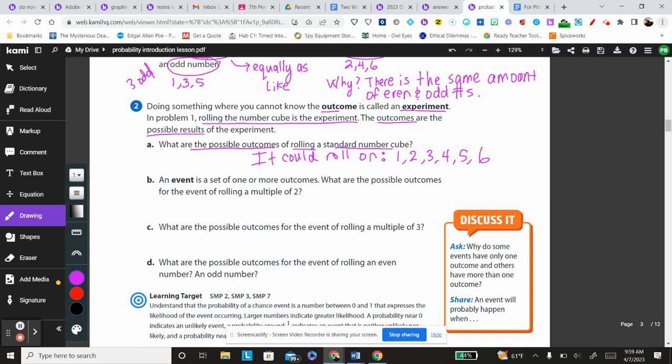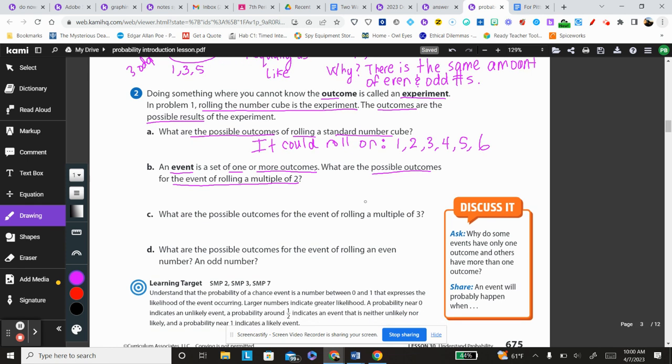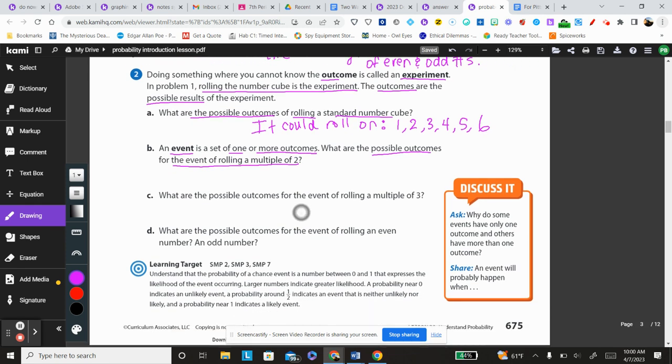Ooh, I thought this was going to be easy. All right, an event is a set of 1 or more outcomes. As an example, what are the possible outcomes for this event? What's the event? Rolling a multiple of 2.